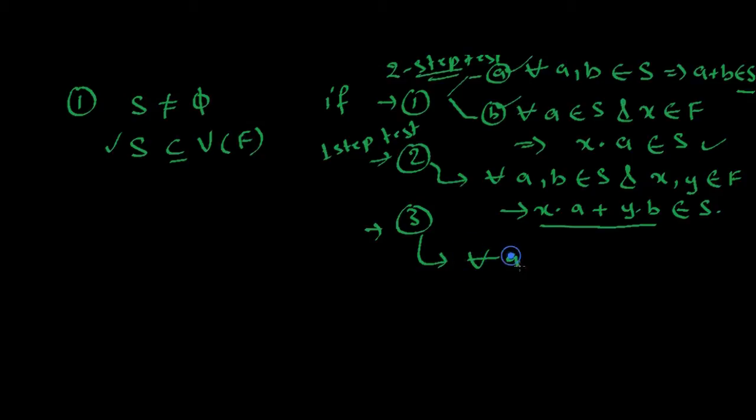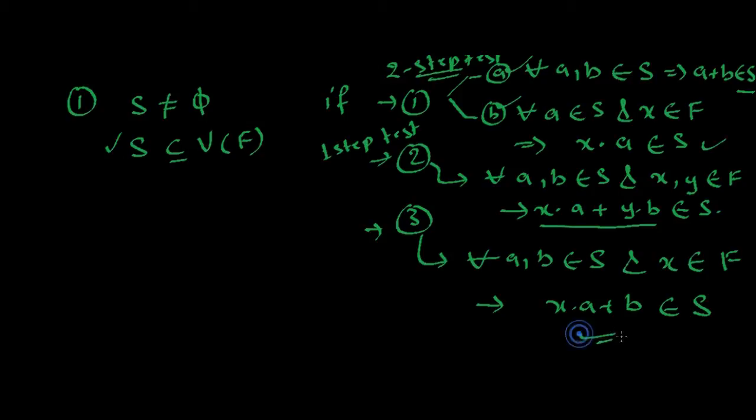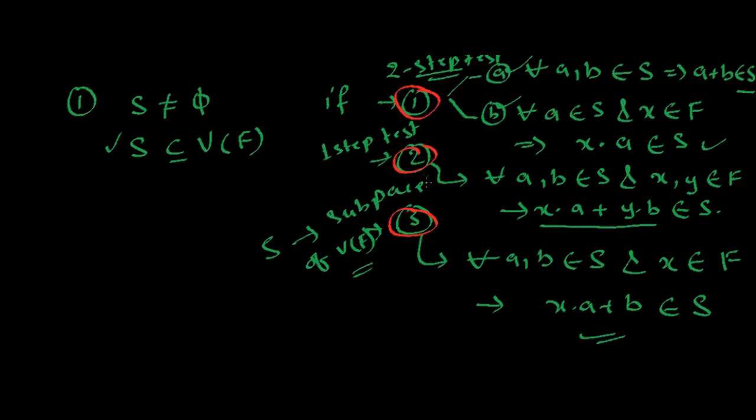If we have any two vectors a and b from S, and a single constant, a single element x from field F, and corresponding to these we have the vector x dot a plus b in our subset of V, then we can say that S is a subspace of our vector space V. So there are three conditions, I'll repeat, and if any one of these three conditions is satisfied by our S, which is a subset of V, then we can say that S is a subspace.